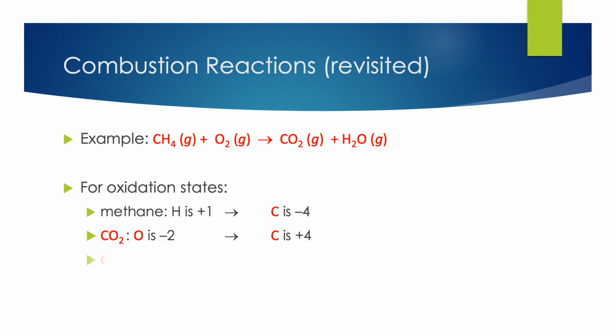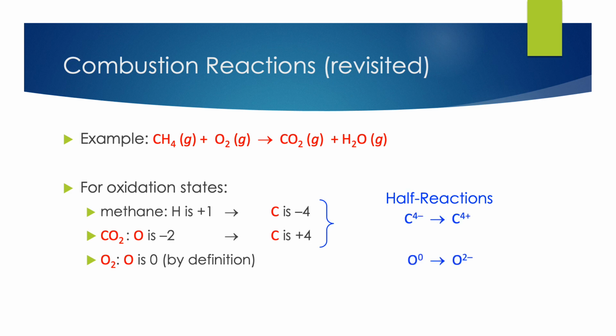So we can see that in this case, we have changed the oxidation state of the carbon. Now in O2, since that's an elemental form, we say that oxygen has an oxidation state of 0 there, but it has an oxidation state of -2 in carbon dioxide, so it too is contributing to the oxidation-reduction going on here. So if I were to create the half reactions in this case, I'm going to end up going from C4- to C4+, and I'm going to go from O0 to O2-.